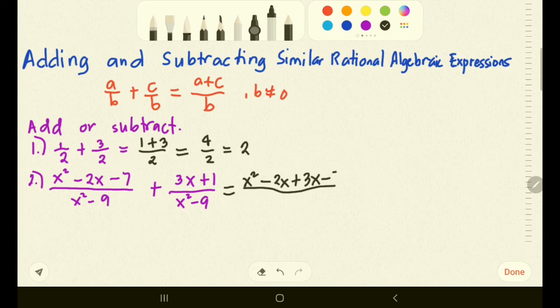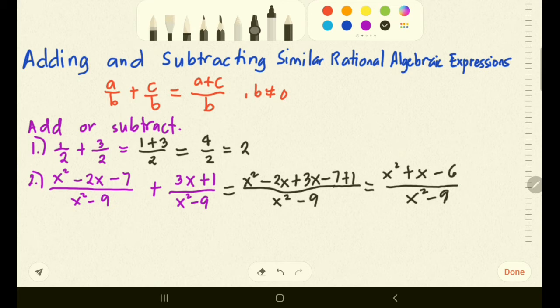Next, minus 7, then added by 1, the similar term of negative 7, over, just copy the denominator, which is x squared minus 9. And then you simplify. So you have x squared, negative 2x plus 3x is x. Negative 7 plus 1 is negative 6. Over x squared minus 9.